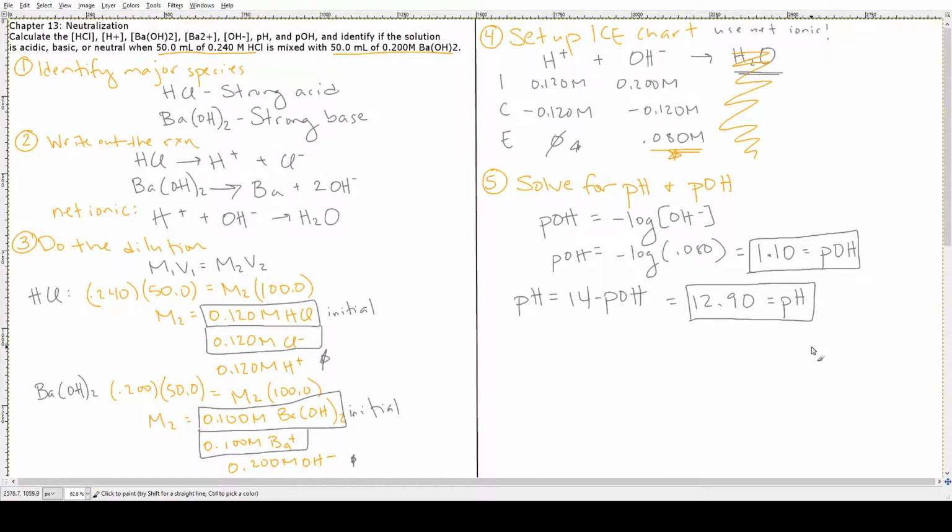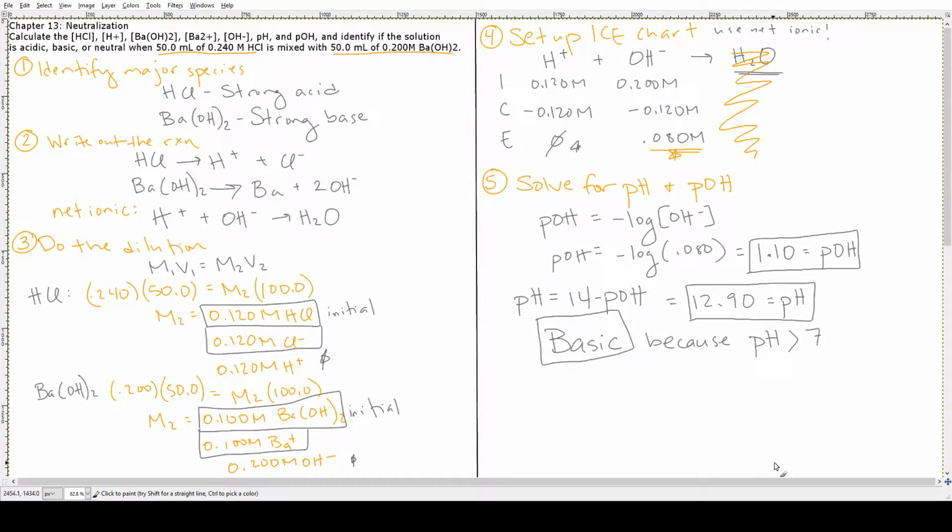So that's where our pH is coming from. It's pretty cool. So let's now label this as basic because the pH is greater than 7. Oh, those look like the exact same symbol. There. Basic, because the pH is greater than 7.